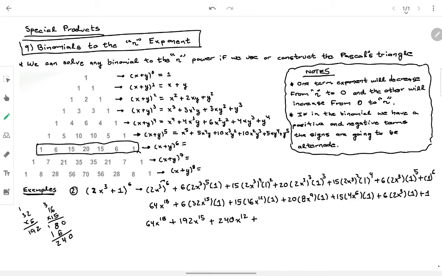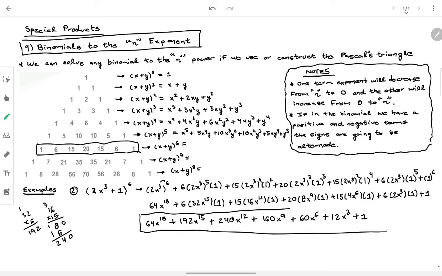Then it's going to be 8 times 20, it's 160 x to the 9. Then it's going to be 15 times 4, that is going to be 60 x to the 6. 6 times 2, it's 12 x to the third, and finally plus 1. And that is going to be our final and correctly ordered answer.